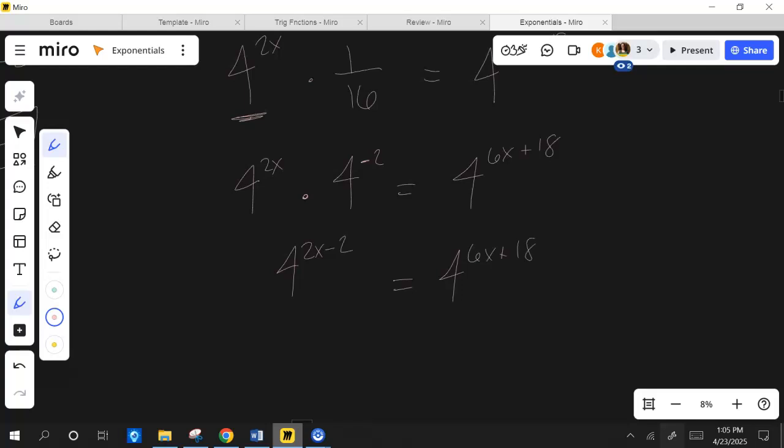They don't have to. They just have to have the same base. They only multiply whenever you raise a power to a power. All right, set them equal.